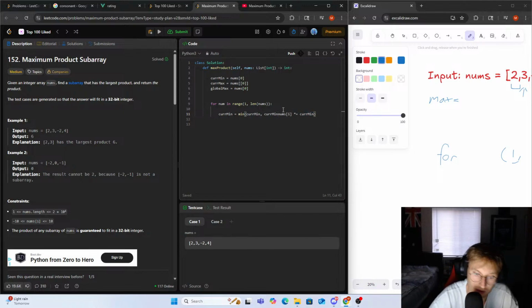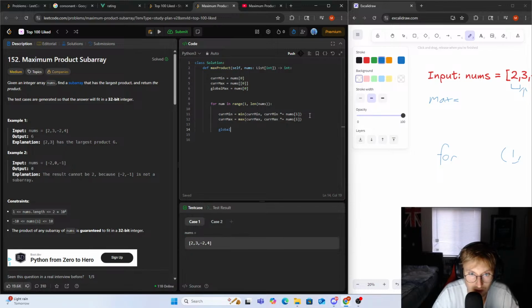Let's actually swap it over here. Times equals nums[i]. We take our current max to be our max of min. Sorry, not min, max. Max times equals nums[i].